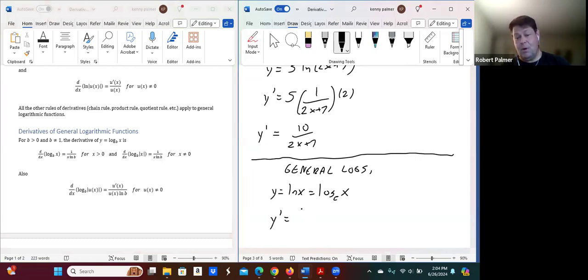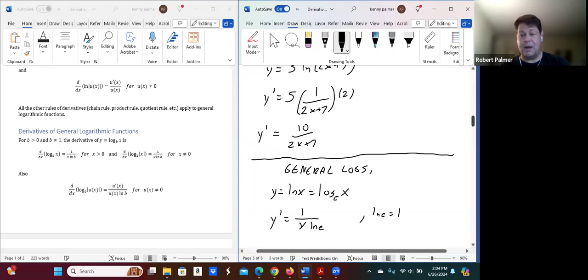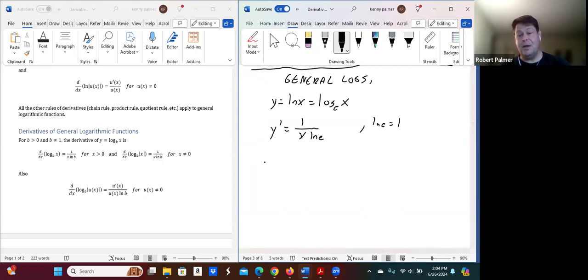That's going to be 1 over x times the natural log of e, times the natural log of the base down here. And remember, the natural log of e is equal to 1. You can check that with the calculator if you want. And so this just becomes y prime equals 1 over x. So we see that the rule we used before is just an example of this.